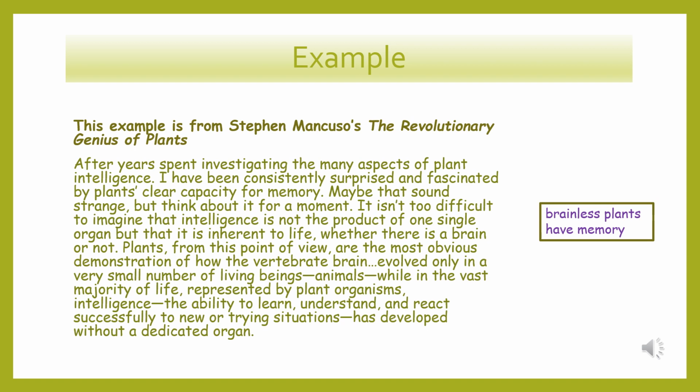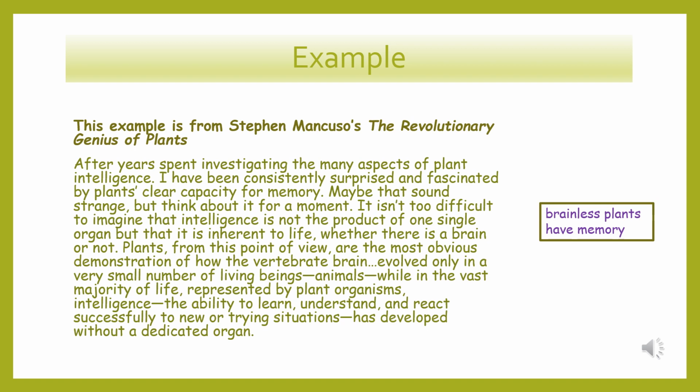And so if you read through the paragraph, you can see that Mancuso is arguing that even though plants don't have brains, they do have the capacity to remember and learn and react. So you would want to capture that in your annotation so that if you were going back to write about plants and memory, for example, you could find this exact paragraph where you read about how plants do have memories even though they don't have brains.